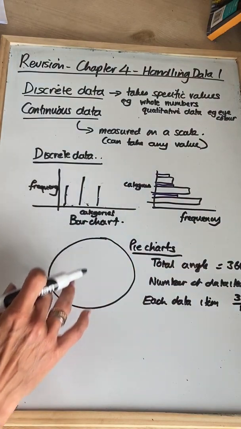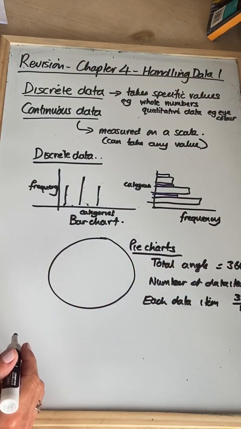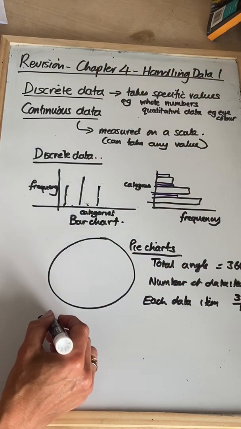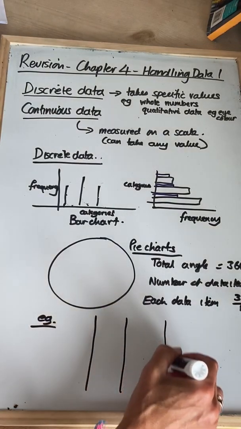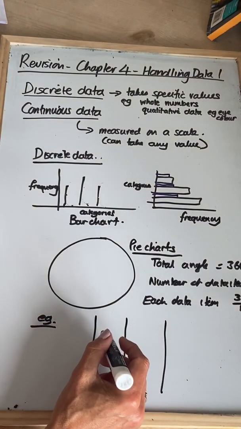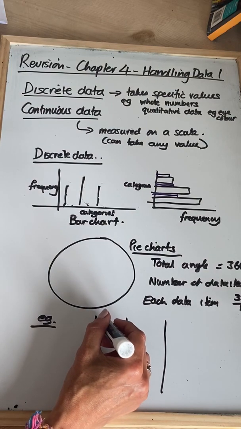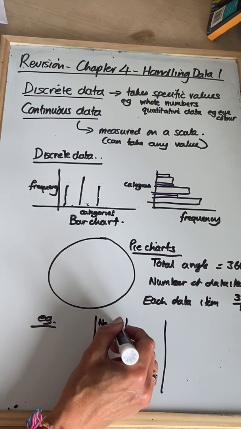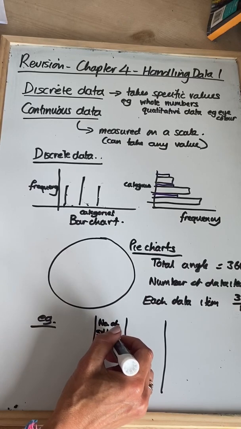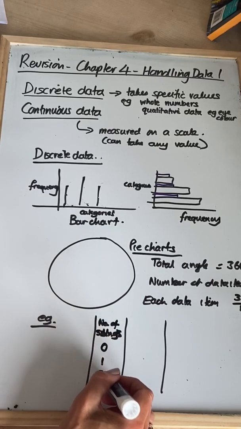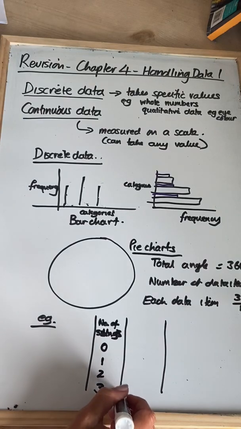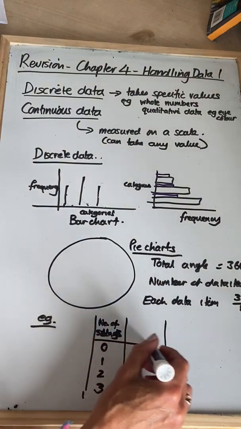So for example, let's just do a little example. I'm going to go for number of siblings: 0, 1, 2, and 3. Let's pretend in this group that nobody's got more than 3 siblings.